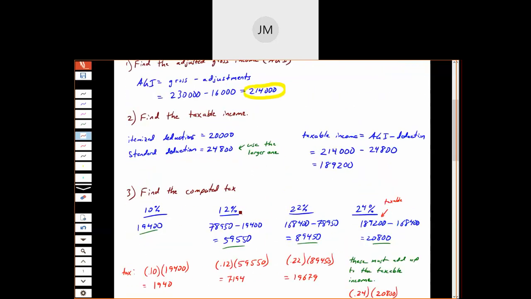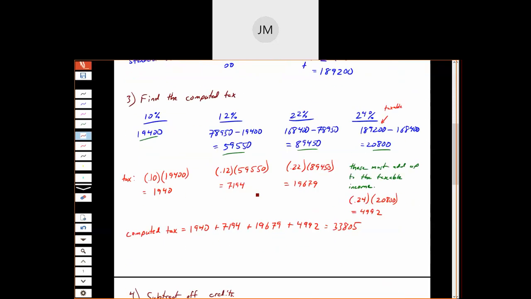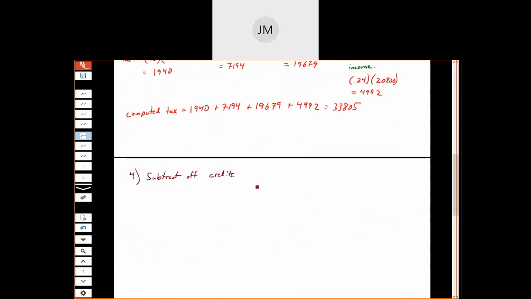So in this one, the 2 children is because we're going to get the child tax credit for each of them. There's a $2,000 per child tax credit, so we're going to get a $4,000 credit.